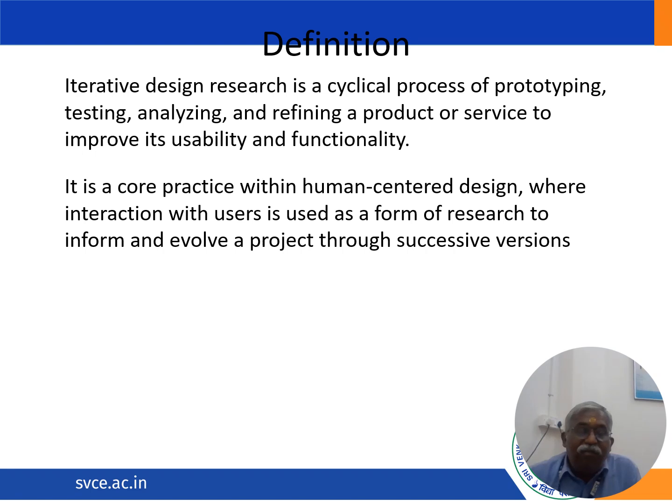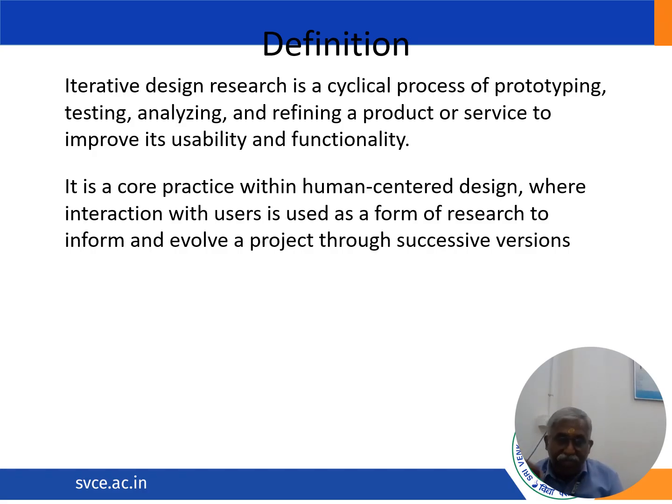Human-centered design is where interaction with the user is used as a form of research to inform and evolve the project through successive versions. First, we introduce a simple version to the public based on their comments. We introduce some new things by means of interactive research, we get information, and again we do the modification.